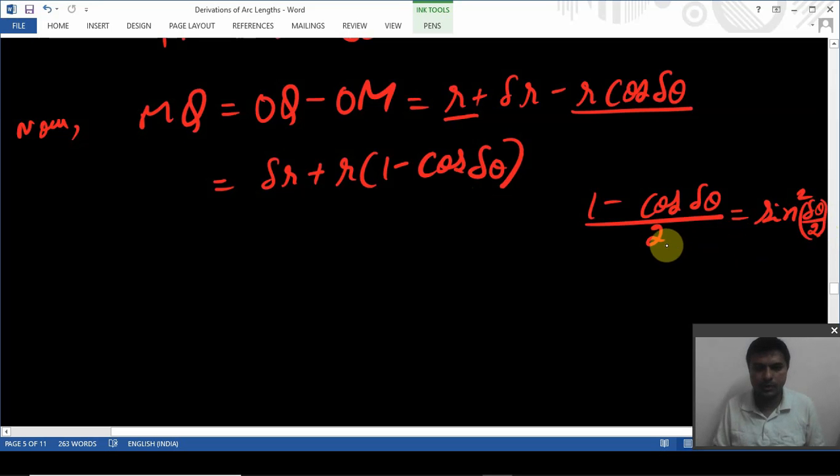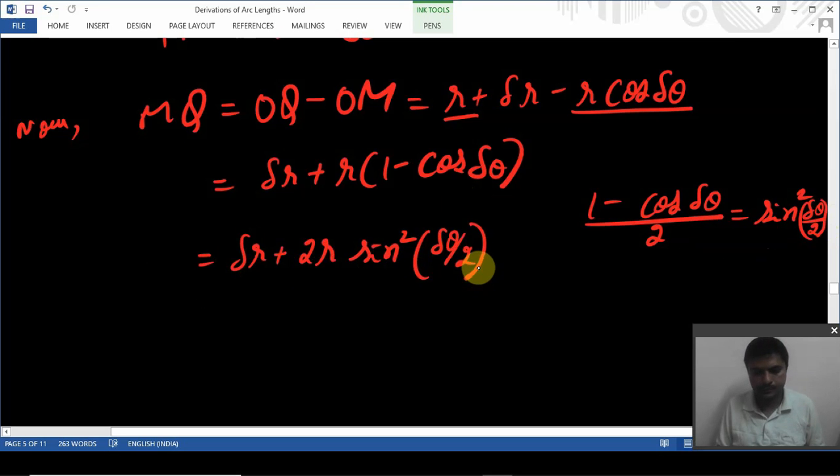So therefore if we take 2 on this side, you will definitely get this as delta R plus 2R sine square delta theta upon 2.